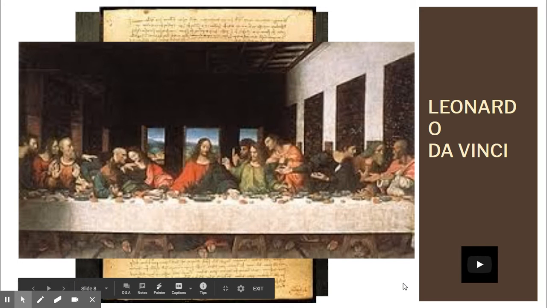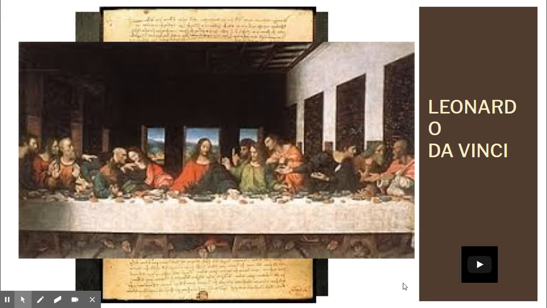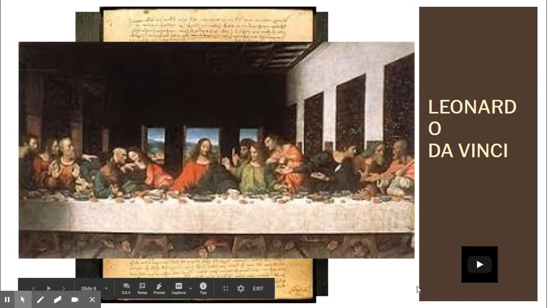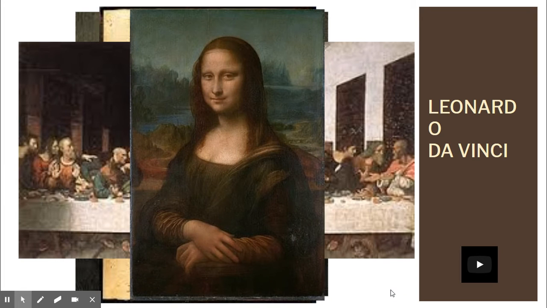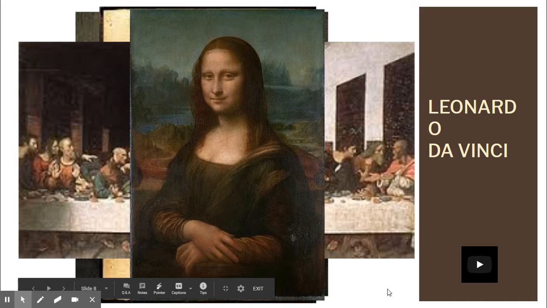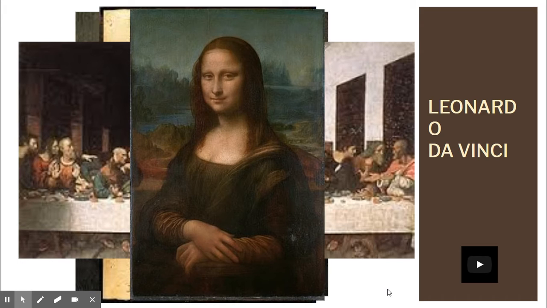This, of course, is the Last Supper. Again, the biblical depiction of the scene of the Last Supper of Christ before he was betrayed and then eventually crucified. And then maybe the most famous of his works is the Mona Lisa. Is she smiling? Is she not smiling? Was it a self-portrait? Who knows?